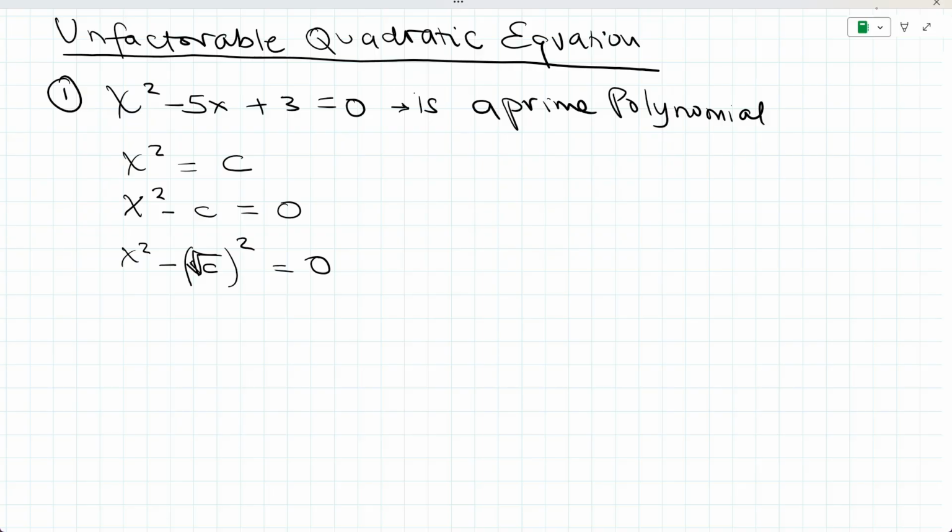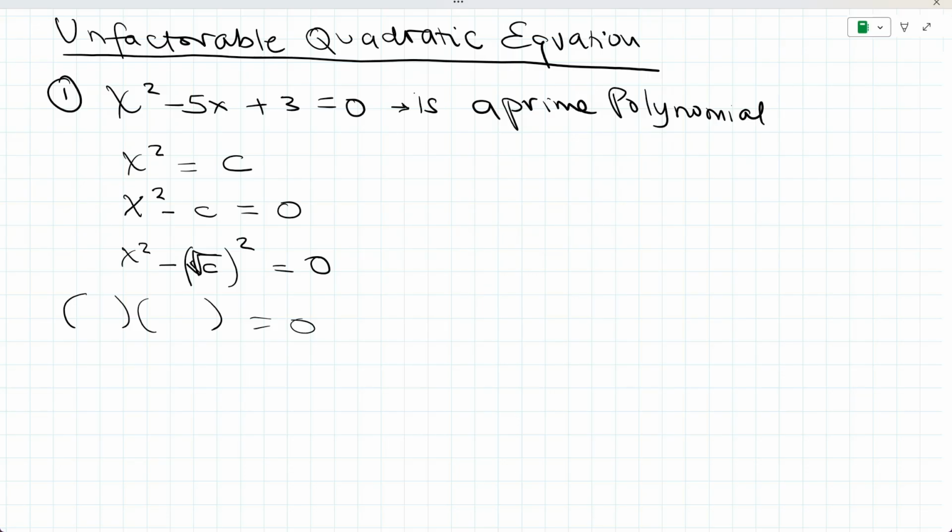So this is now a difference of squares: x squared minus root c squared. That means we can factorize the left-hand side by having two factors multiply together, and hopefully we'll get back our x squared minus c.